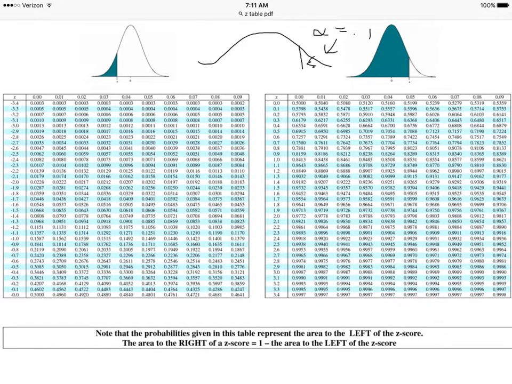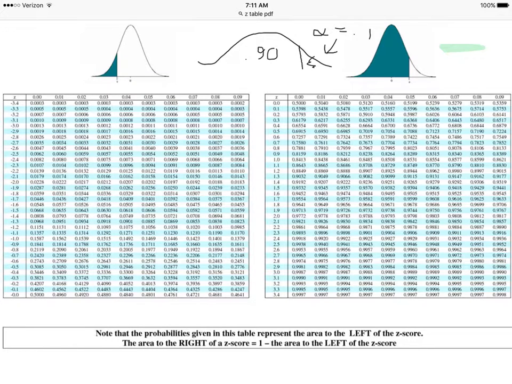So if there's 0.10 area above, then that means there is 0.90 area that is below. So to find our critical value, what we basically have to do is look in the body of this table and identify a value as close to 0.9000 as we can possibly get and find the corresponding z-score.